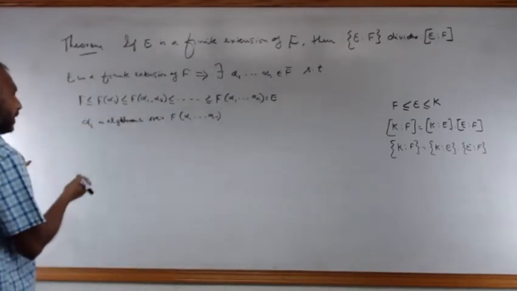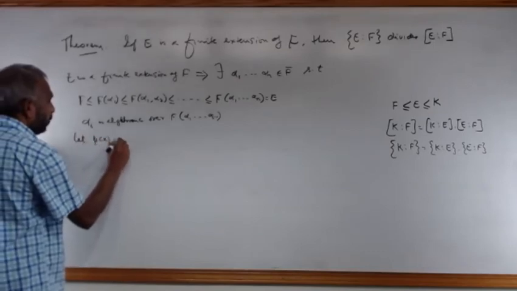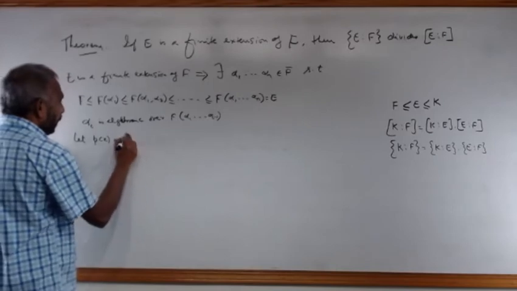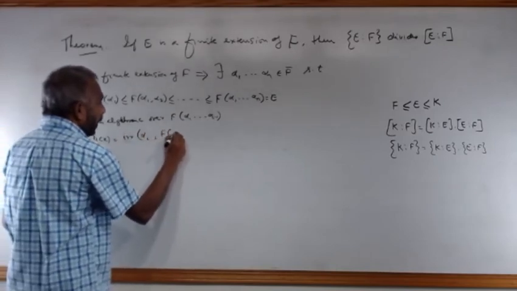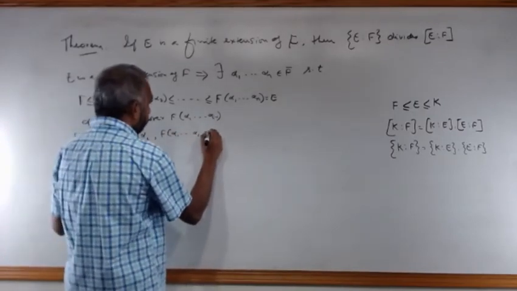So there is an irreducible polynomial, let p(x) be the irreducible polynomial of alpha i over F(alpha 1, ..., alpha i minus 1).